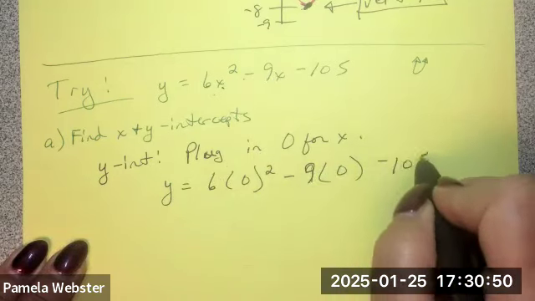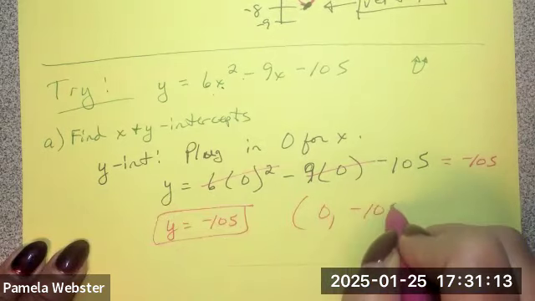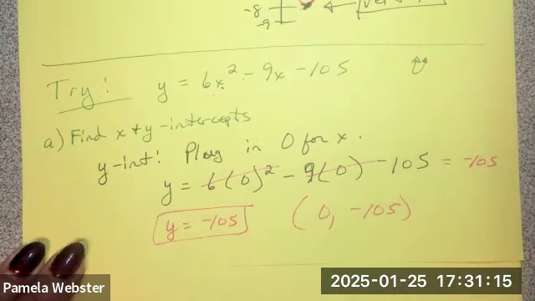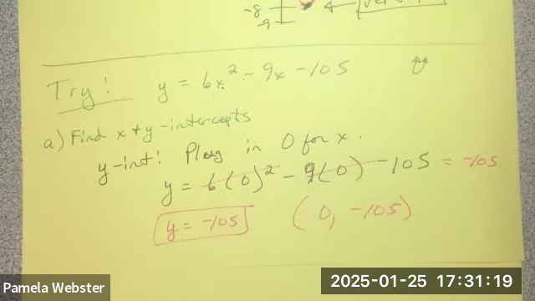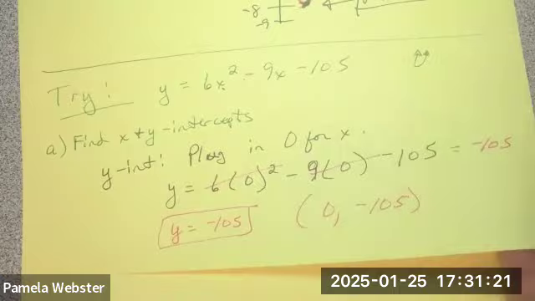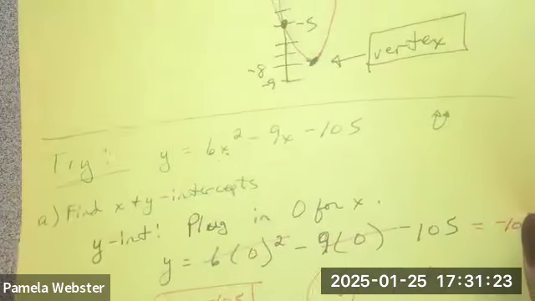So I get a negative 105. Okay. So y equals negative 105, or your point is (0, -105), right? So it's kind of a big number, but it's okay. That's actually a prettier number than what we just did a minute ago, right? So we've got our y-intercept.